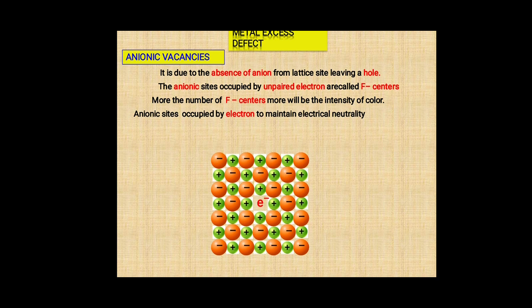Second thing, the vacant site is occupied by an electron and hence that site is called F center. The more the number of F centers, the more the intensity of the color. It means the more the removal of negatively charged ions, the more will be the F centers and the more will be the color of the solid. Examples are NaCl and LiCl.